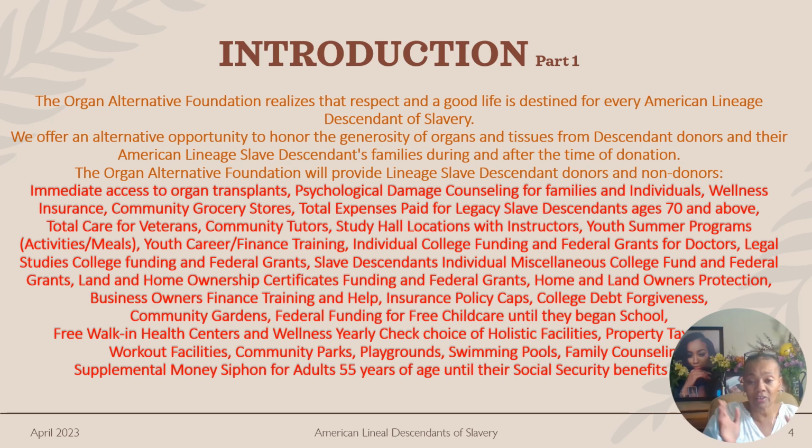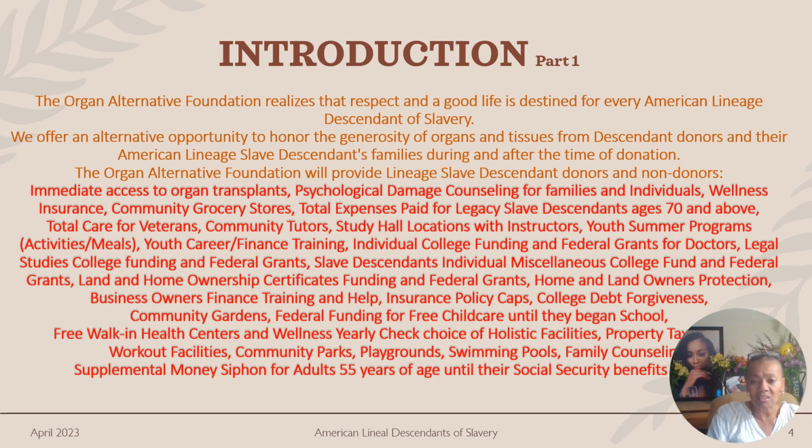The grants from the Organ Foundation will be able to allow grocery stores to be put into slave descendants' rural areas, into their neighborhoods, to replace liquor stores and to replace where there are food deserts.